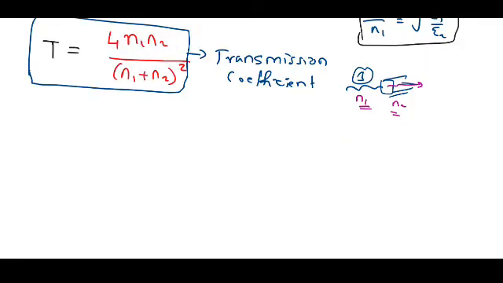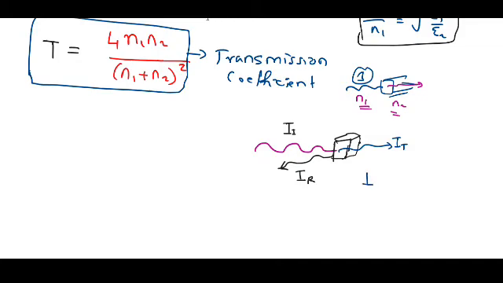According to the law of conservation of energy, when the radiation is incident on the surface of another medium, the incident intensity or the energy of the incident wave will be equal to the energy of the reflected wave plus the energy of the transmitted wave.